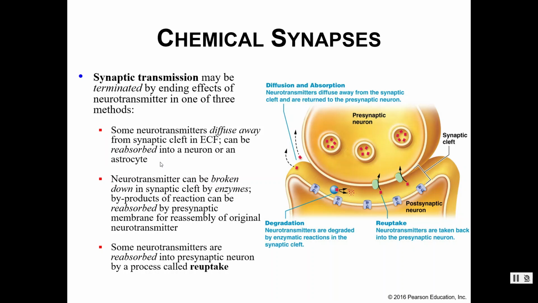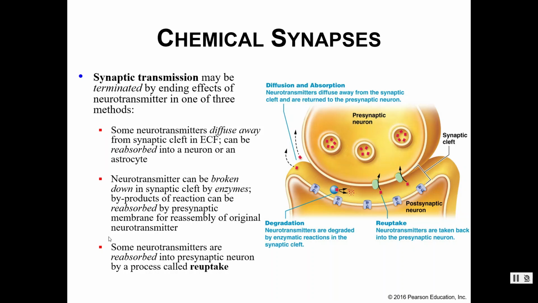Option number 2, neurotransmitter can be broken down in the synaptic cleft by enzymes. Those byproducts, or the waste products, can then be reabsorbed back into the synaptic terminal, or the axon terminal, and they can be reassembled. So basically, you are recycling. Recycling's nice.